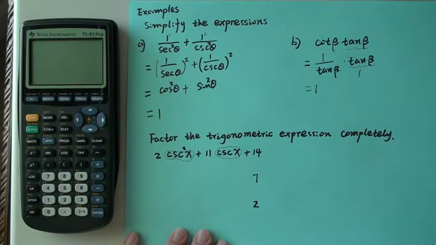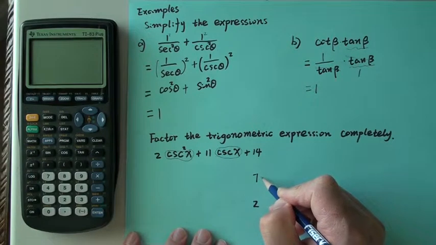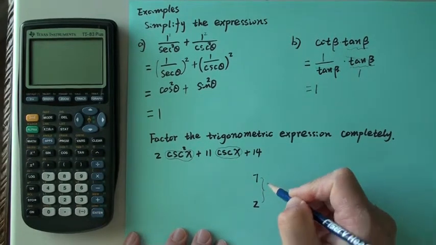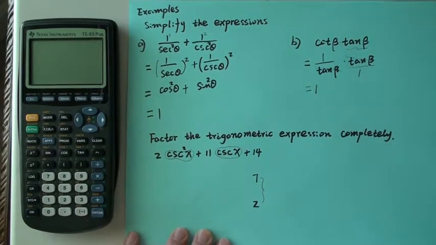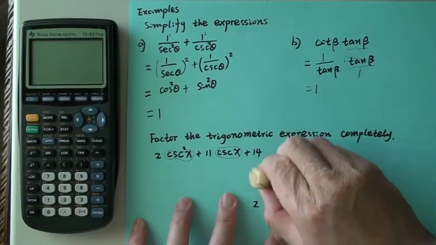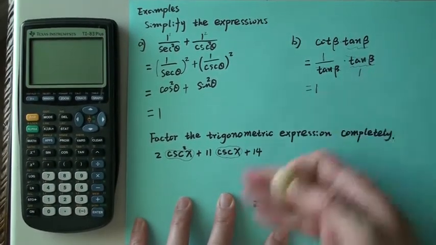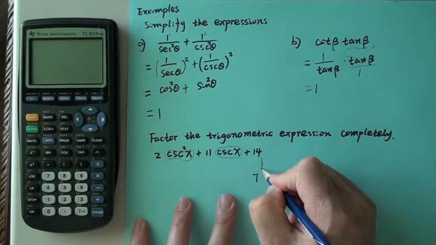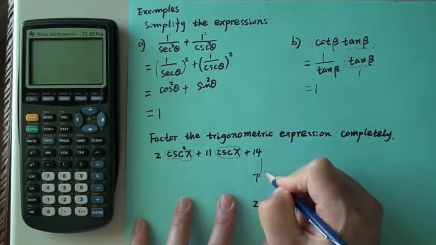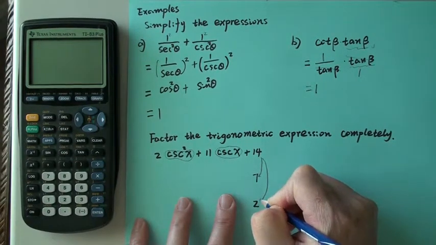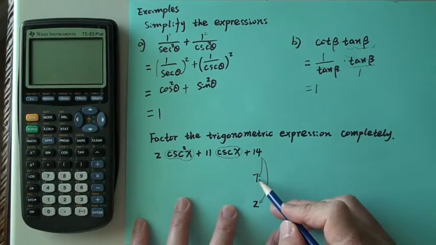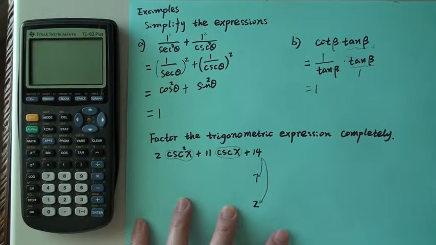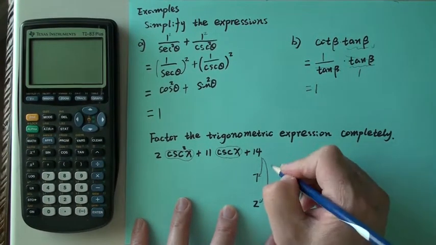If you remember your FOIL method, let me write in this way. The way to write is very important to understand. You break up 14 into two numbers. 2 times 7 is 14. Basically, this would be your last product.